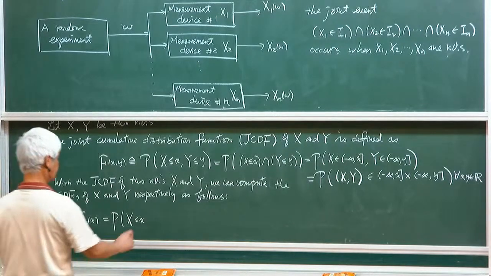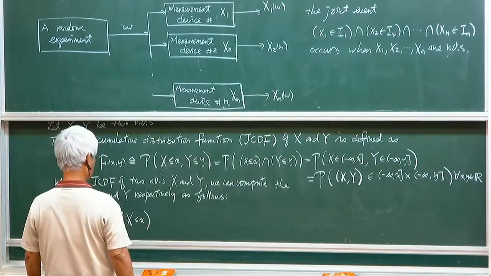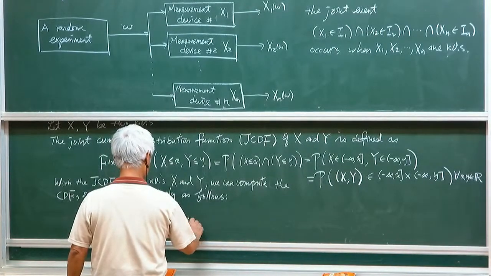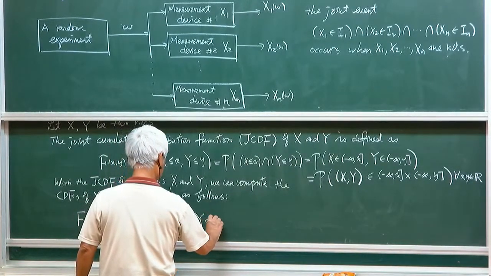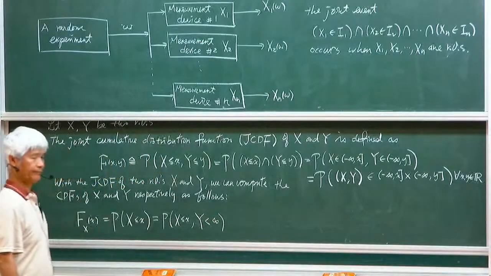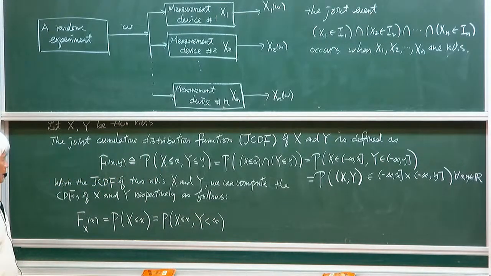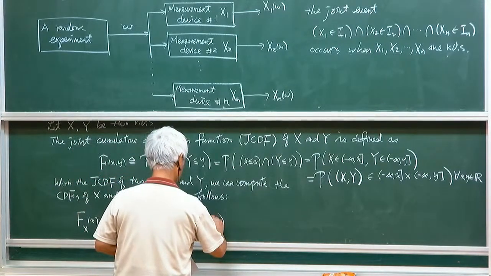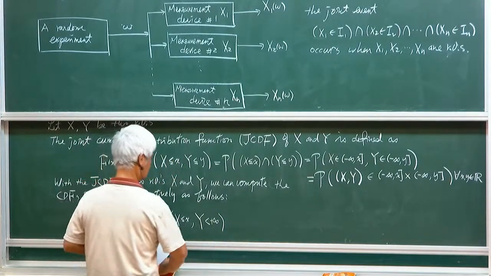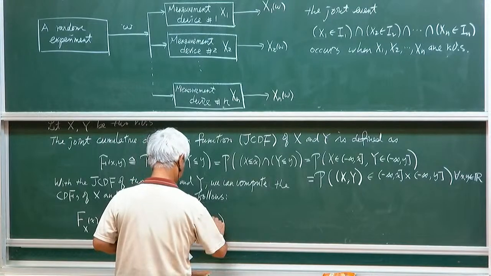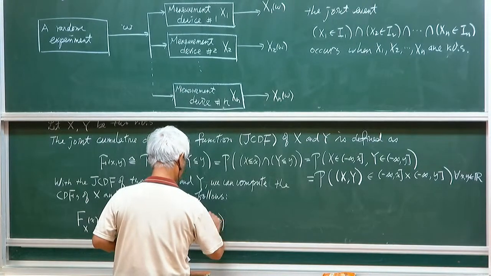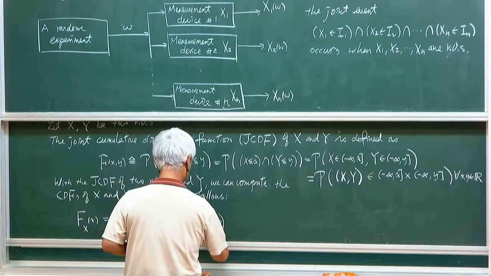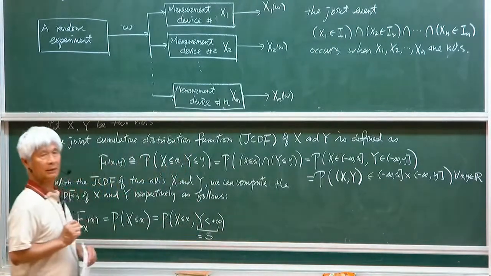Okay, and this is equal to the probability of x less than or equal to x and y less than infinity. Because y less than infinity is just the total event. So this is actually equal to the total event, the sample space.